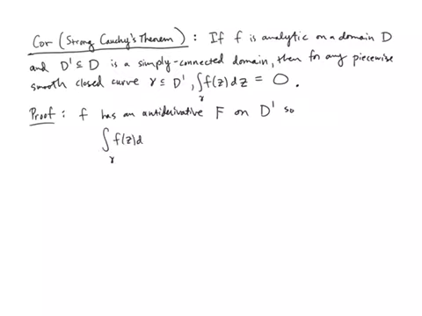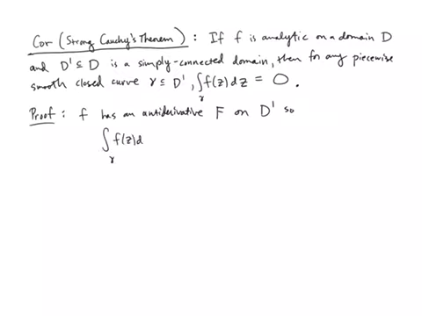And so we can keep making these chains of disks. We can take a z2 right here, and then any disk that we can fit into the domain around that point, our function is going to be identically 0 there. And so we can take another point here and start chaining disks together. The claim is that by chaining disks together, we can get from z0 to any other point.